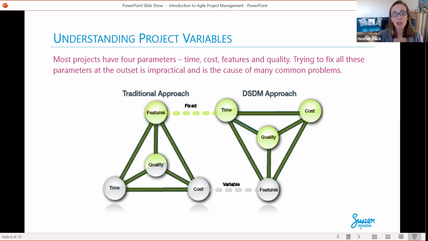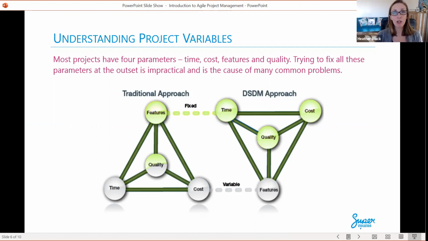So what happened was the introduction of Agile, predominantly for technology projects. It started there, but it's now being introduced to much wider applications than just technology. The key thing with DSDM is that it assumes requirements and features aren't that well known up front, and that they will get prioritized and delivered within time and cost.